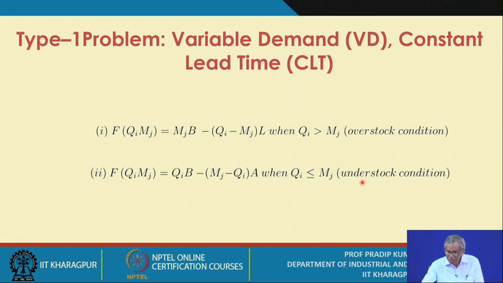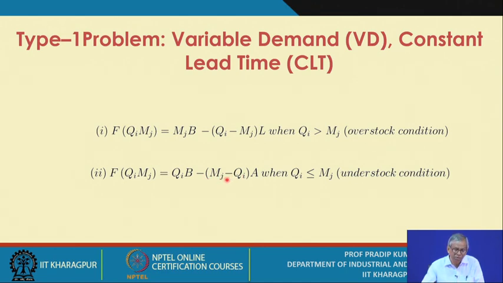In the next case, you may also face the understock condition. In the understock condition, the outcome is Qi into B. The demand is more and you have procured less, so obviously only Qi units you can sell, and for each sale you get a profit of B. So it is Qi into B minus (Mj minus Qi).